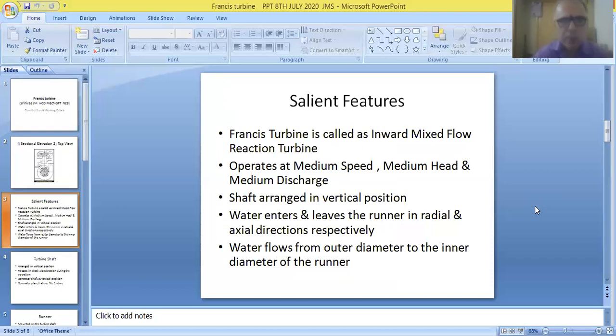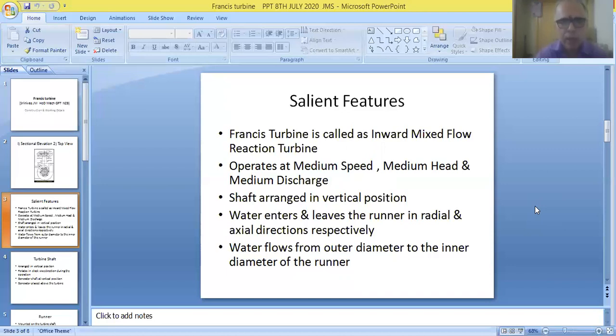At the beginning of the session, we discussed the salient features of Francis turbine, my dear friends. As I told earlier, it's an inward mixed flow reaction turbine. Water will be flowing from outer diameter to the inner diameter of the runner. It's called an inward flow turbine.